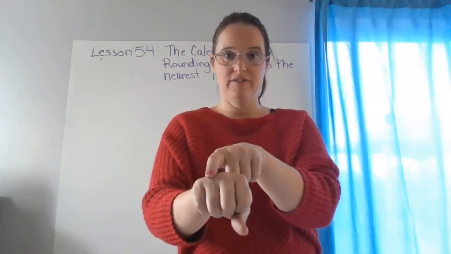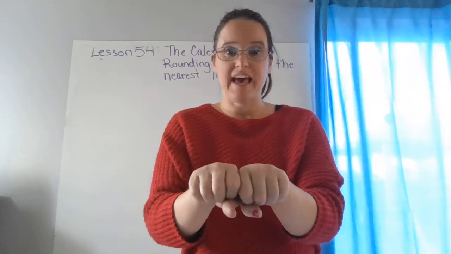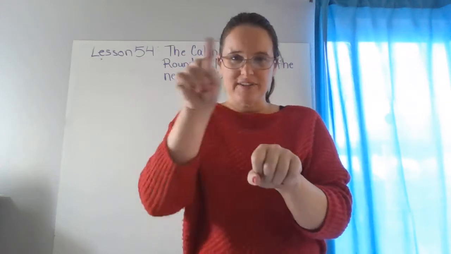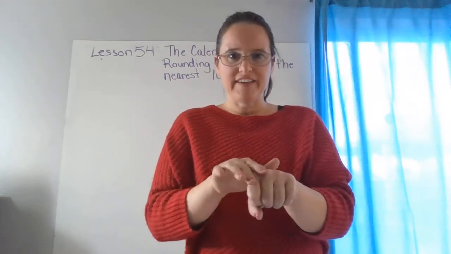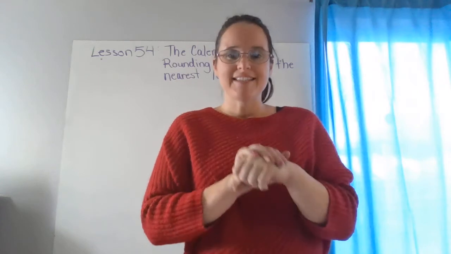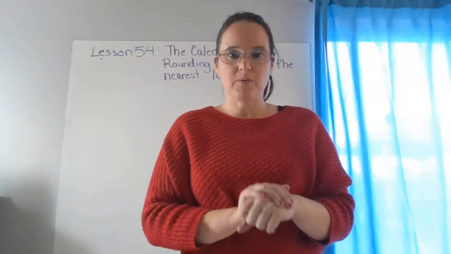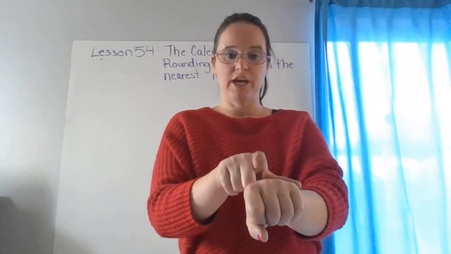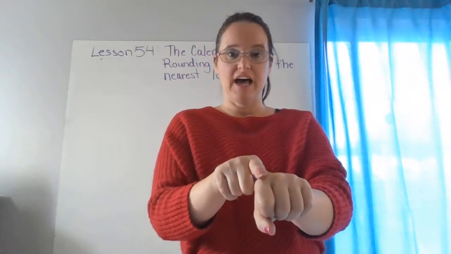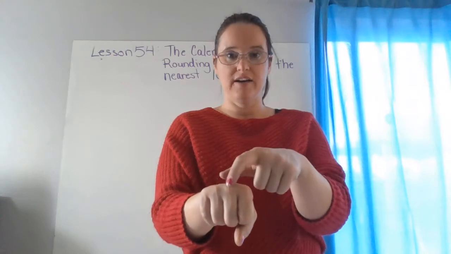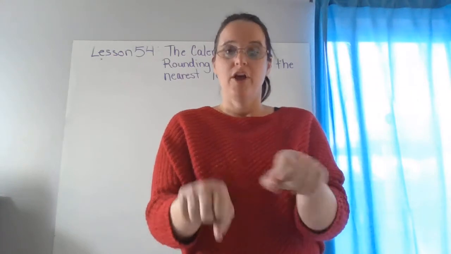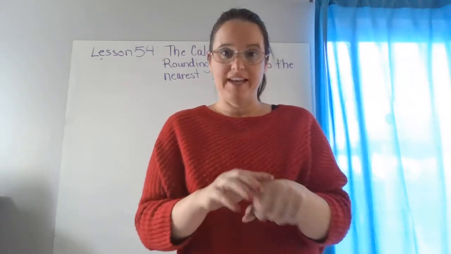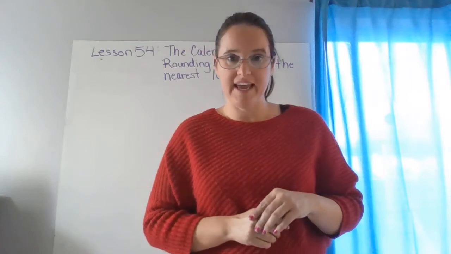So the reason we want to do that is the knuckles kind of raise a little bit on your fists. The knuckles stand for the months that have 31 days. So January, March, May, July, August, October, December. Those months that land on my knuckles all have 31 days.